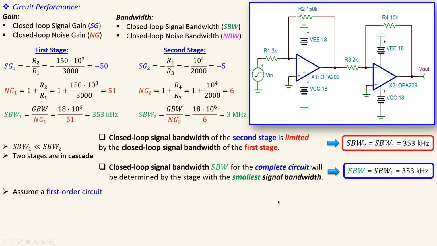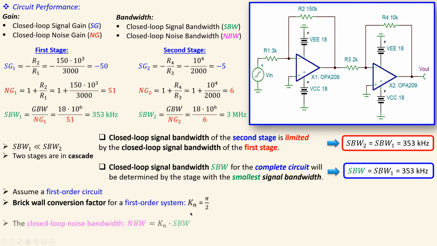So assuming a first order circuit, which is not completely in the complete frequency range, but in the vicinity of our noise calculations, and also using a Brick-wall conversion factor, which for the first order system is pi over 2, this symbol K sub n, I can then calculate the closed-loop noise bandwidth for this complete circuit. This is the conversion factor times the signal bandwidth for the complete circuit.